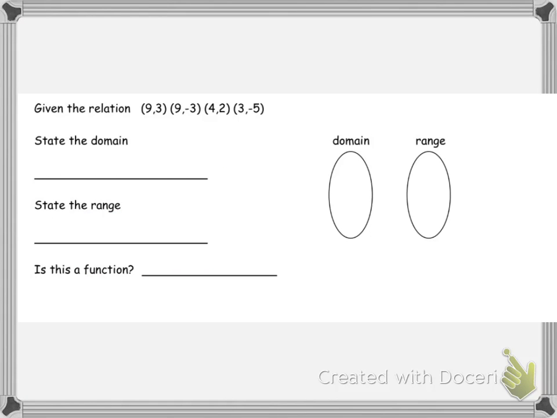Our next example is also a set of ordered pairs. See if you can state the domain and the range. Remember to list the elements from smallest to largest and enclose using braces. Hopefully you were successful and have sets that look like this.